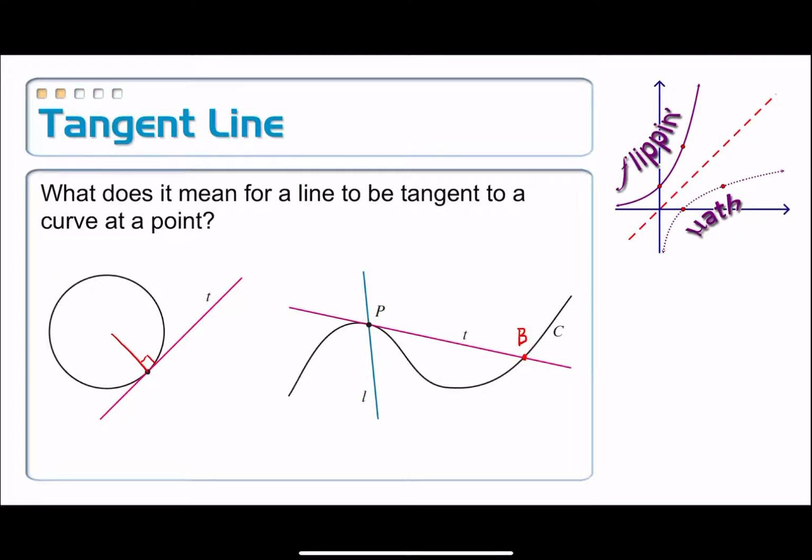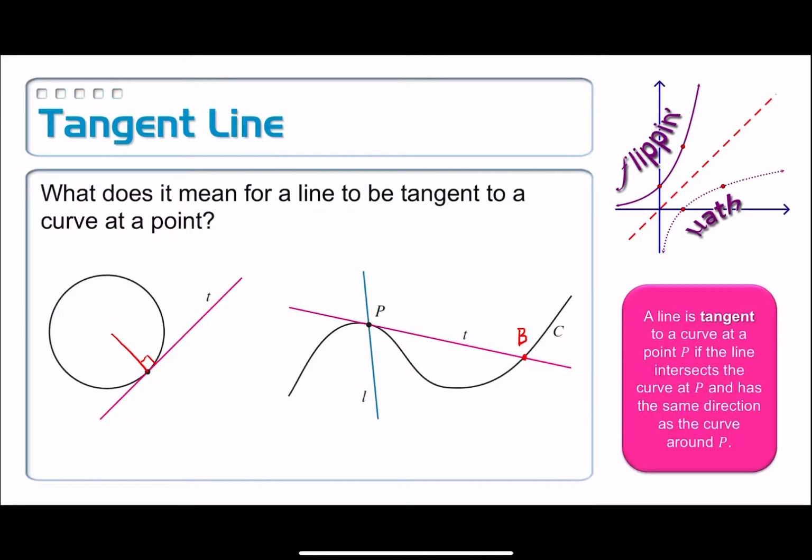So the way that we're going to state this, at least informally right now, is that a line's going to be tangent to a curve at point P if it intersects the curve at point P and has the same direction as the curve around that particular point. And direction, at least for lines, it's kind of associated with slope, right? If I knew that a slope was positive versus negative, I would know which direction it was pointing in.